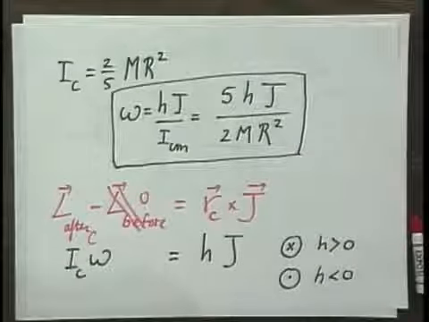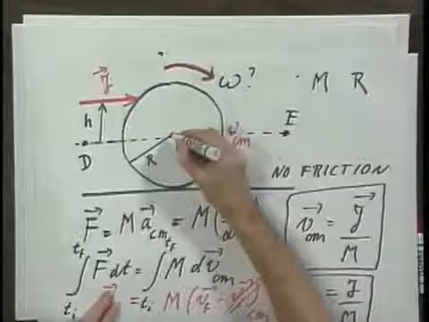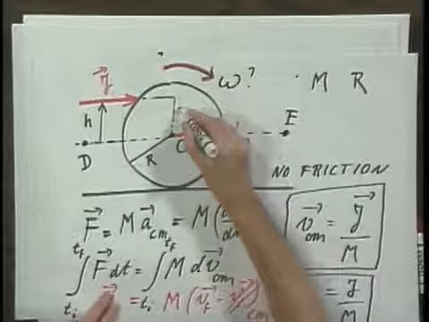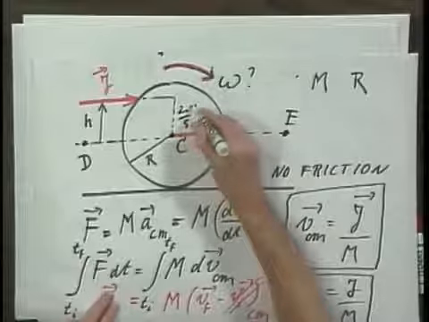In other words, I have to hit the ball at a distance h, where this is 2/5 r. Then the ball will go into pure roll.